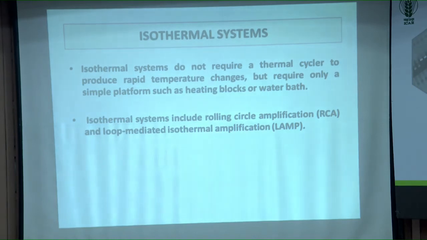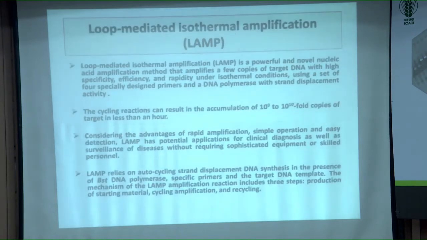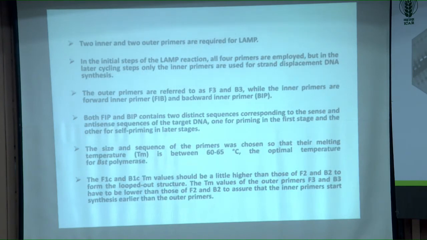Some examples of isothermal systems are rolling circle amplification, RCA, and LAMP. Nowadays LAMP is very common for the detection of plant pathogens. This is loop mediated isothermal amplification, another variation you can use for the development of markers. Here we use a specific polymerase, the Bst polymerase, and a different set of primers: 2 inner and 2 outer primers.